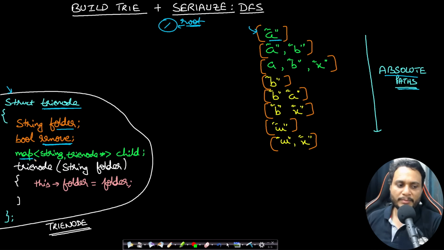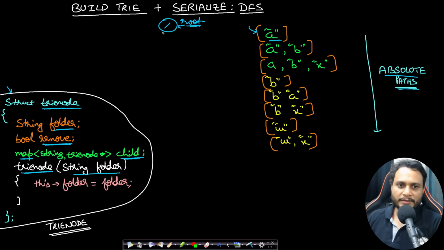Now I will also use a map which will keep track of actually what all structures have I already seen, so that I can see a duplicate structure and make out that okay, I have seen that structure. So this also will be shown on the next slide. Here I will just be constructing the trie. Okay, and this is the constructor of the structure trie node, where if you create a new object of the structure, then you can pass the folder name and it will be assigning to this folder name, right?